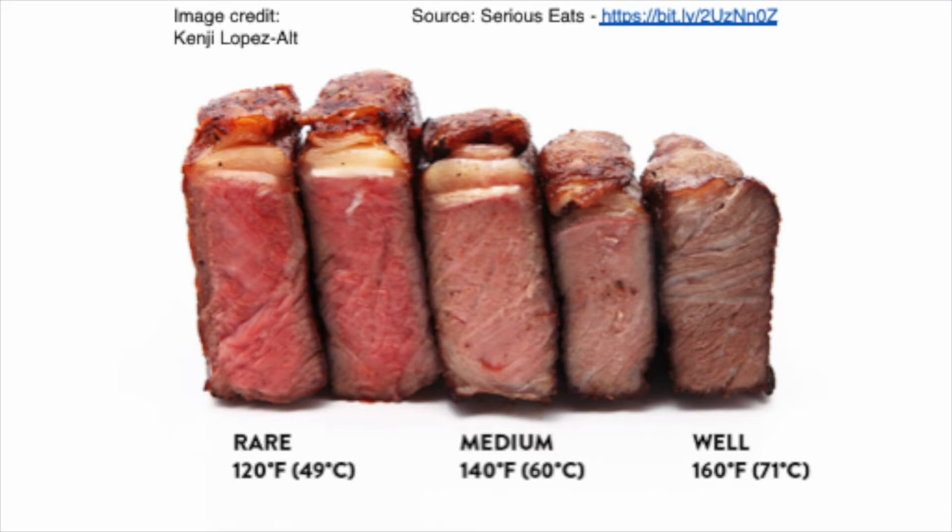But one thing that we notice is that we get different textures in our meat and different colors in our meat too, depending on what internal temperature we cook that meat to. So for rare, we're at 120 degrees. Medium, we're up to 140, and well done, we're up to 160.